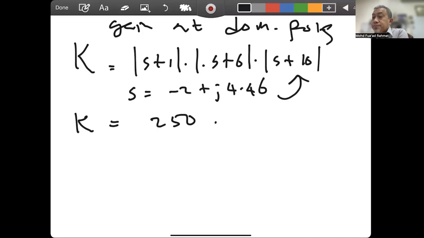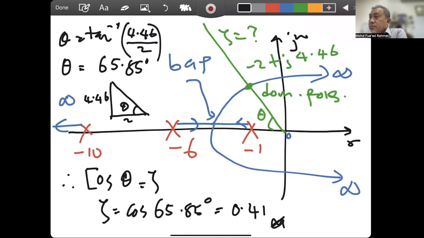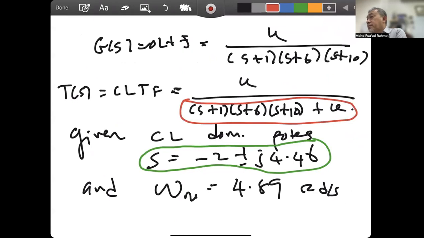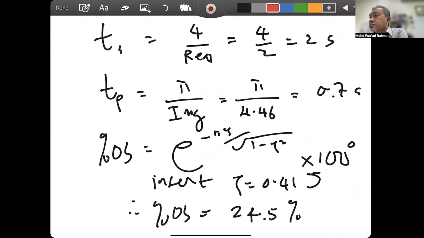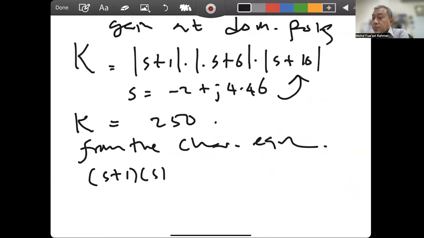And then from the characteristic equation, the characteristic equation just now is this one, equal to 0. So s plus 1, s plus 6, s plus 10 plus k equal to 0.